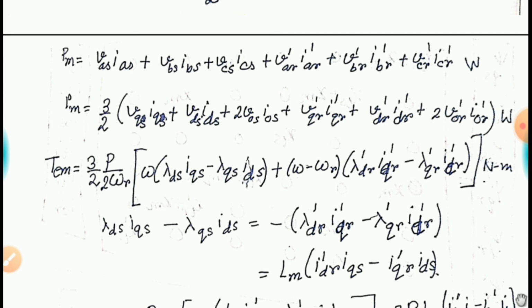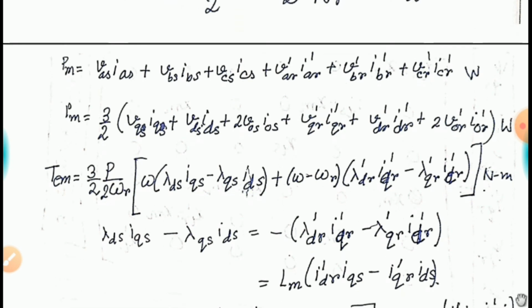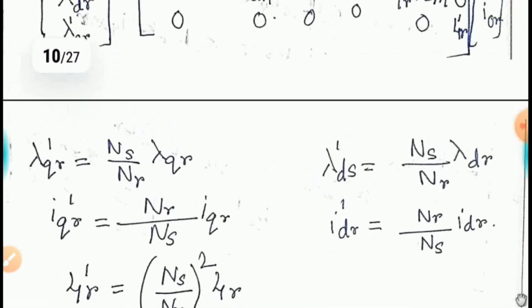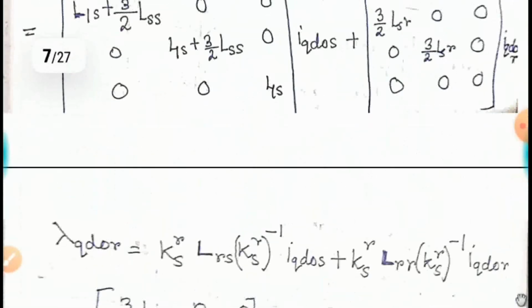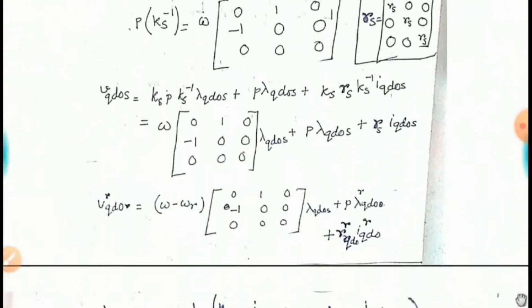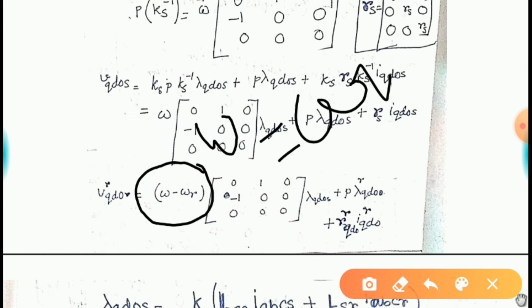And one important and interesting thing here: while we are talking about the speed voltage, it is very interesting that our VRQD is not R. I have already discussed, it is omega minus omega R, where omega is the arbitrary speed.